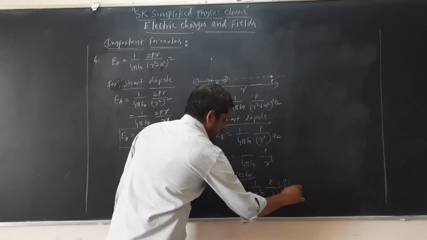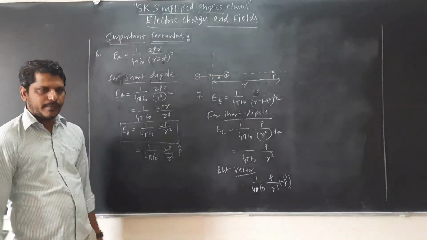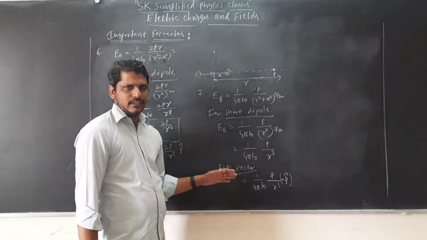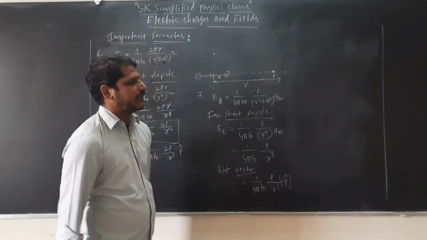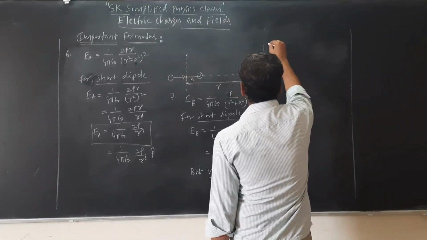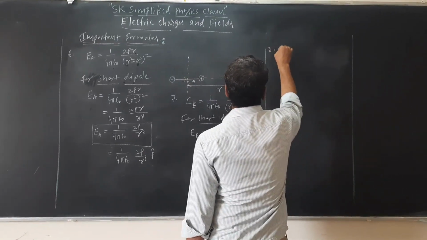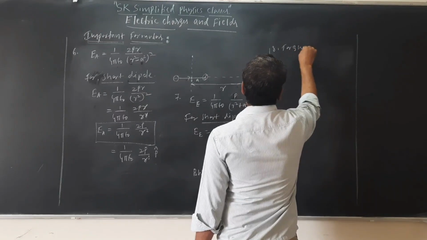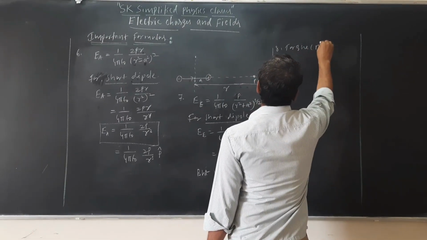So this will be negative. Here the dipole moment is opposite to the direction of the resultant electric field. Next is the torque. What is torque? Torque is given by tau.